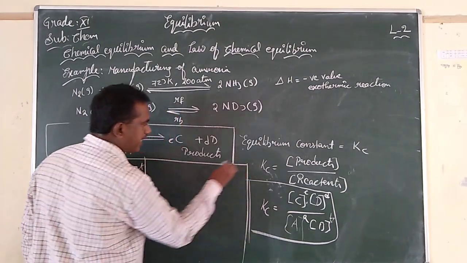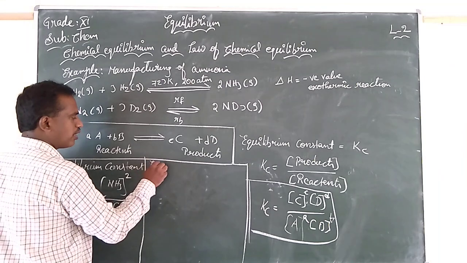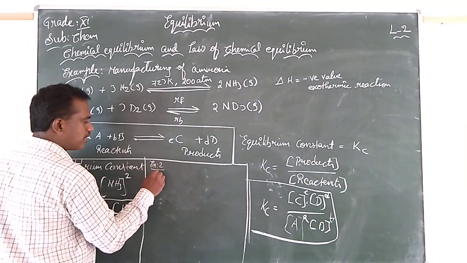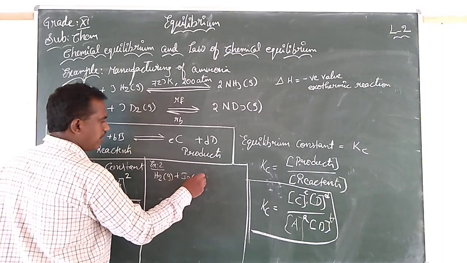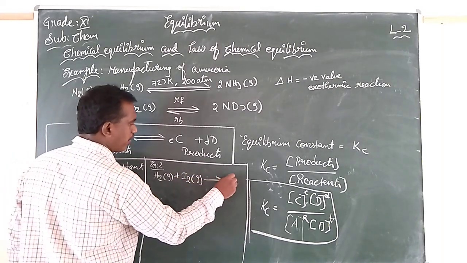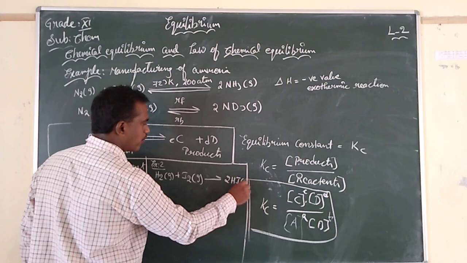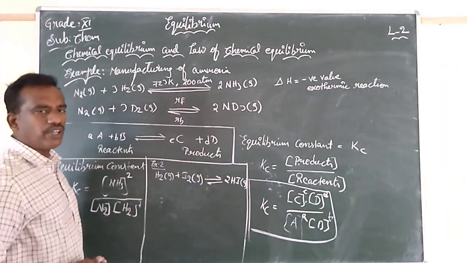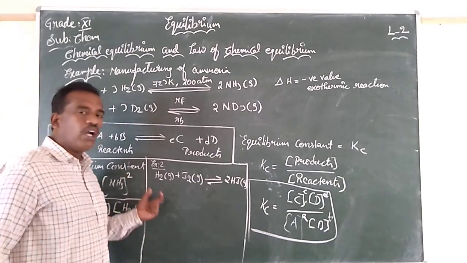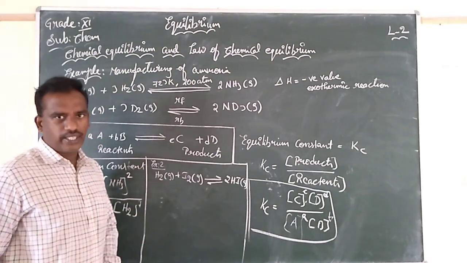I am going to react hydrogen gas with iodine gas. It is going to form hydrogen iodide. At equilibrium, the formed hydrogen iodide may decompose to give hydrogen gas and iodine gas.